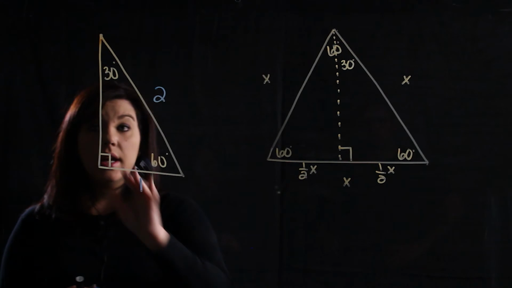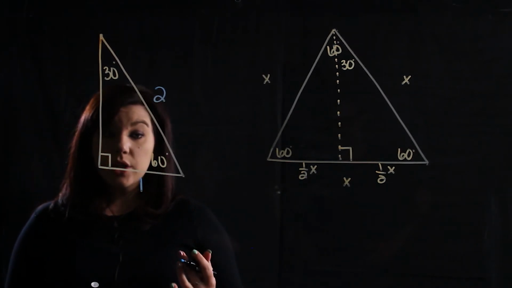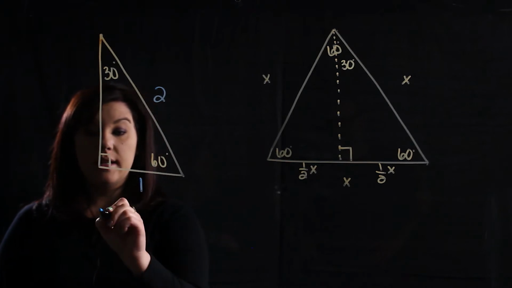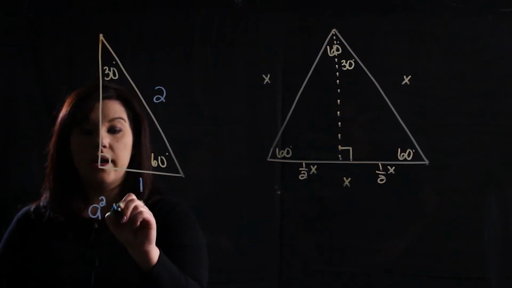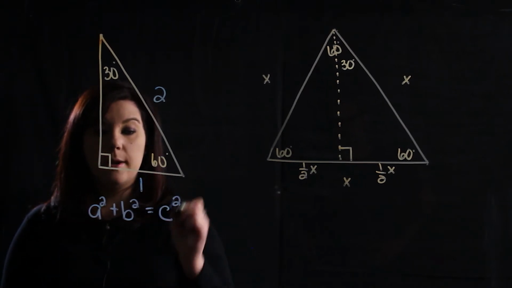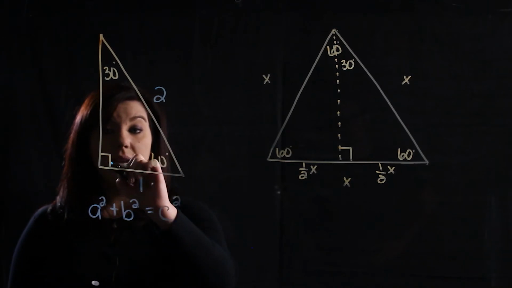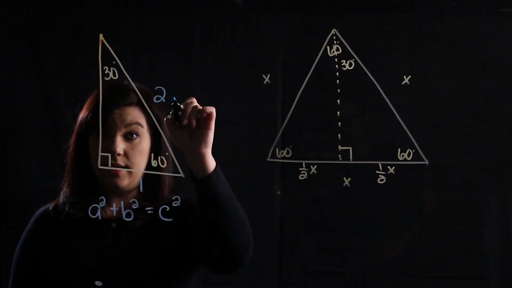All we need to do now is find what this third side will be. Again, since we're using a right triangle, the Pythagorean theorem applies. So we can say a squared plus b squared is equal to c squared. The important thing to remember is the side across from the 90 degree angle has to be the c.